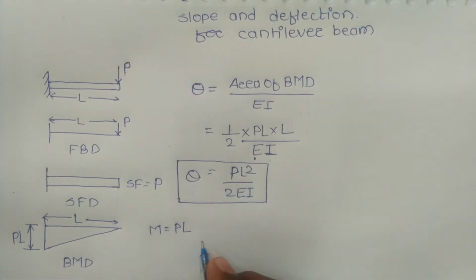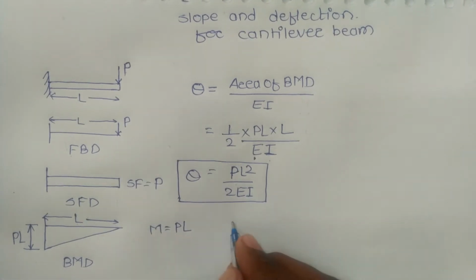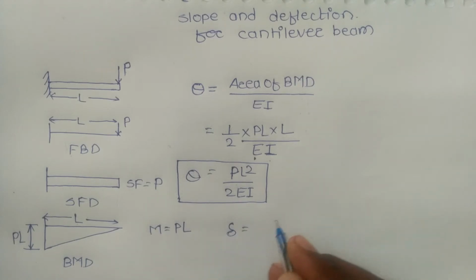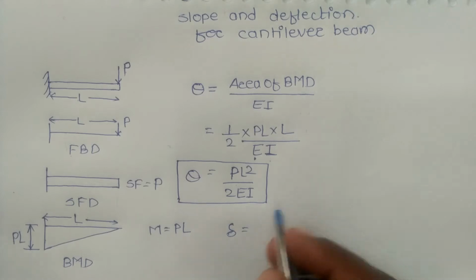Now let us calculate the deflection. Deflection is nothing but the slope into the centroid of the bending moment diagram.